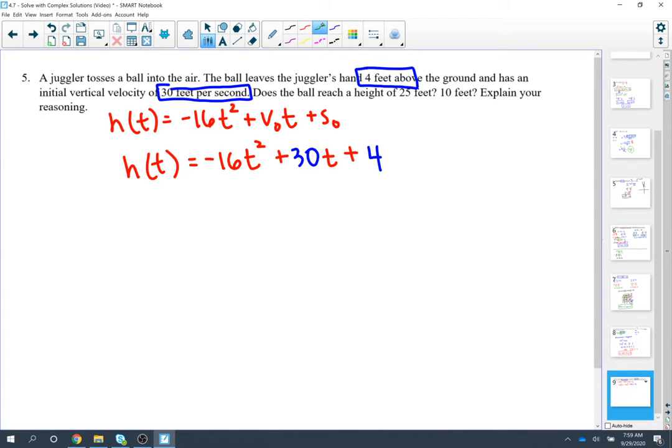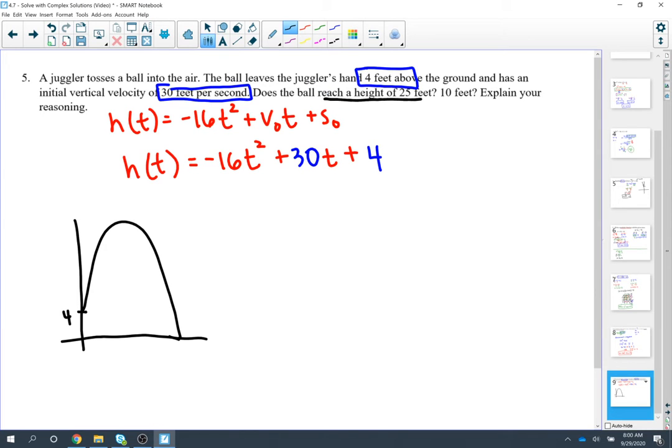Now, the first question we're being asked, we have this function, it's going to model the ball. Roughly, it's starting up here at 4 feet. I'm going to throw it, it's going to go up, and then it's going to come back down and hit the ground. Now, the first thing they're asking is, does the ball reach a height of 25 feet?